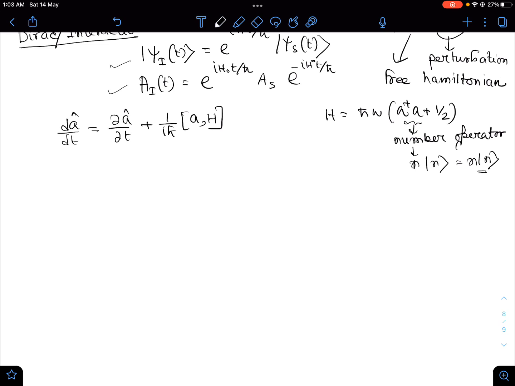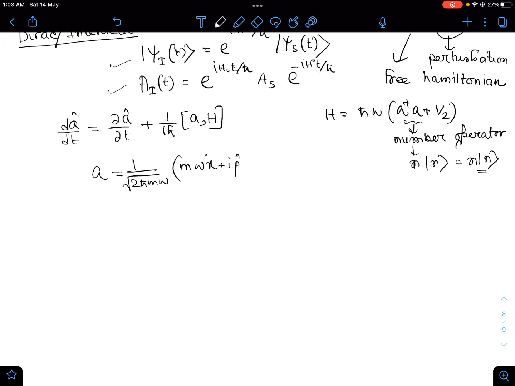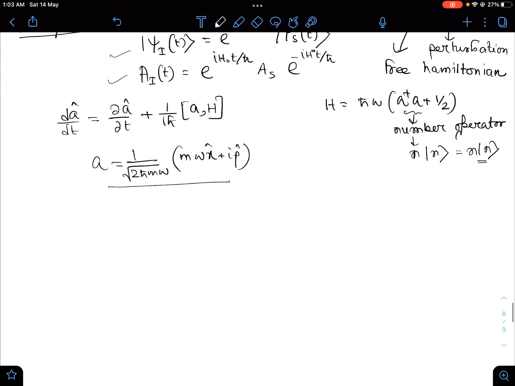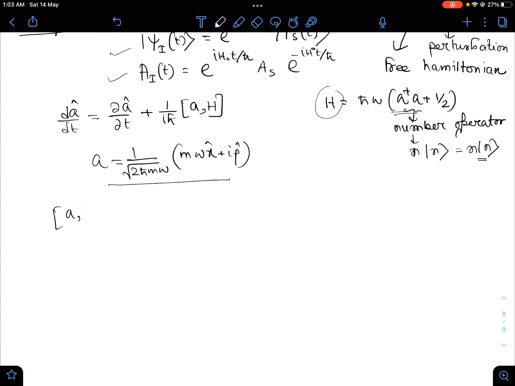And we have A to be 1 by root over 2 h cut m omega times x plus ip. So basically this is our lowering operator in terms of x and p, but we don't need it in terms of x and p. We have the Hamiltonian in terms of raising and lowering operators. So let us evaluate this commutation relation.